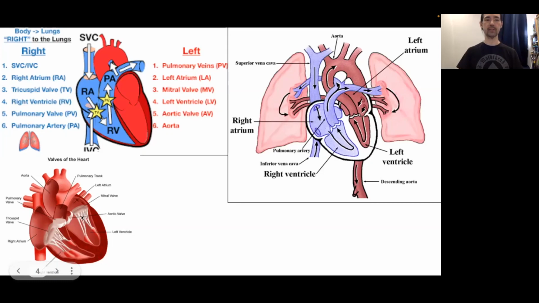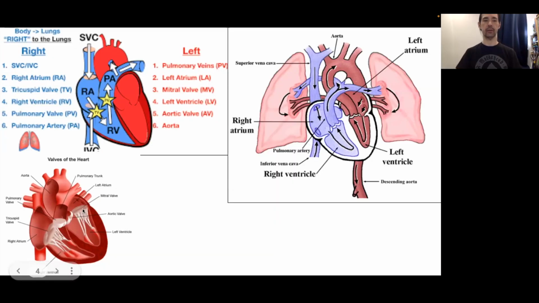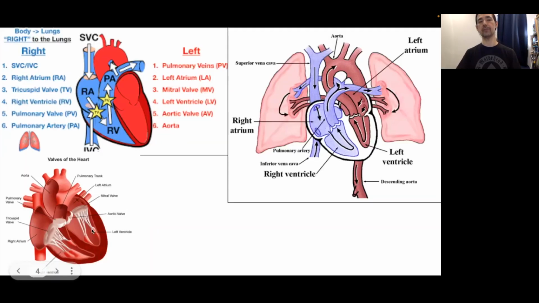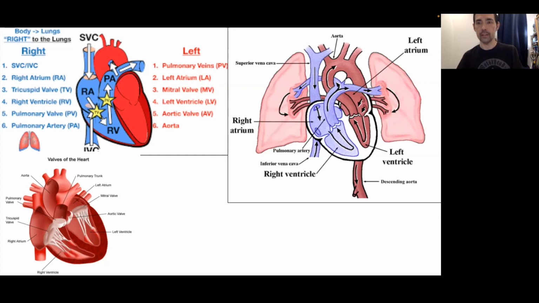So there's 3 flaps in the tricuspid, 2 flaps in the bicuspid, aka mitral valve. And you have these sinews or tendons. They're not going to ask you about those. You have these sinews or tendons in the heart that hold the valves to muscles that pull the valves open and relax to allow the valves to close. Okay, you won't be asked about the sinews.